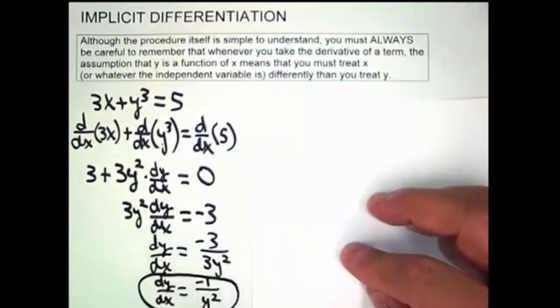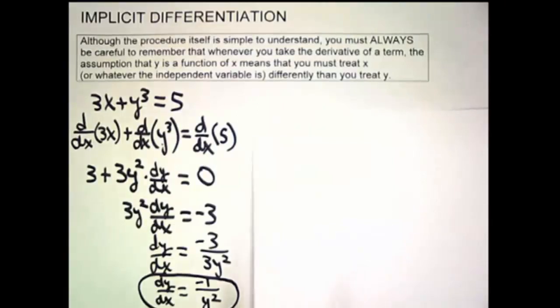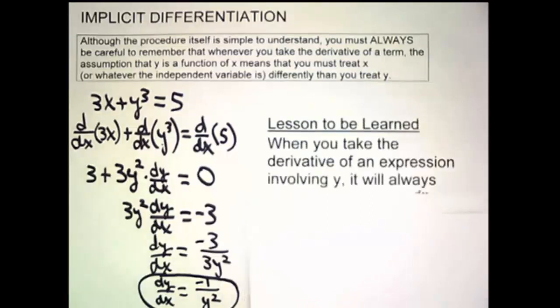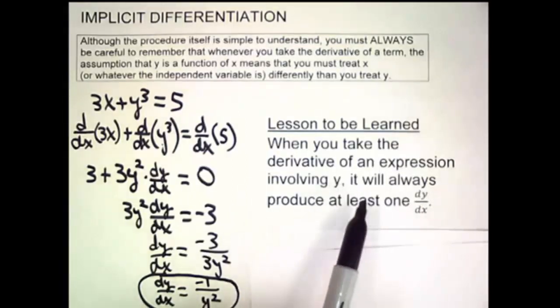Now, I'm not sure there's really a different lesson to be learned here than the other example, but it is a good point, I guess, at which I can just say this, and that is, whenever you take the derivative of an expression involving y, it will always produce at least one dy over dx.